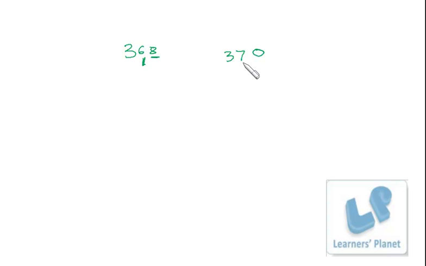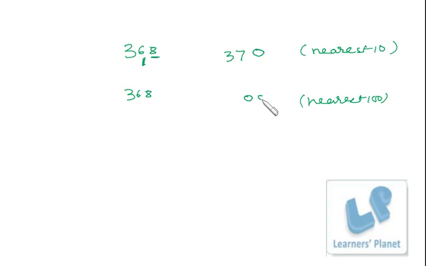Now I am going to do rounding to nearest 100, right? Same number I take. Nearest 10 was done. Now I am doing nearest 100. So what you do, first of all you put up 2 zeros, right? When you have to see nearest 100, as in nearest 10 you put up 1 zero, in nearest 100 you put up 2 zeros.